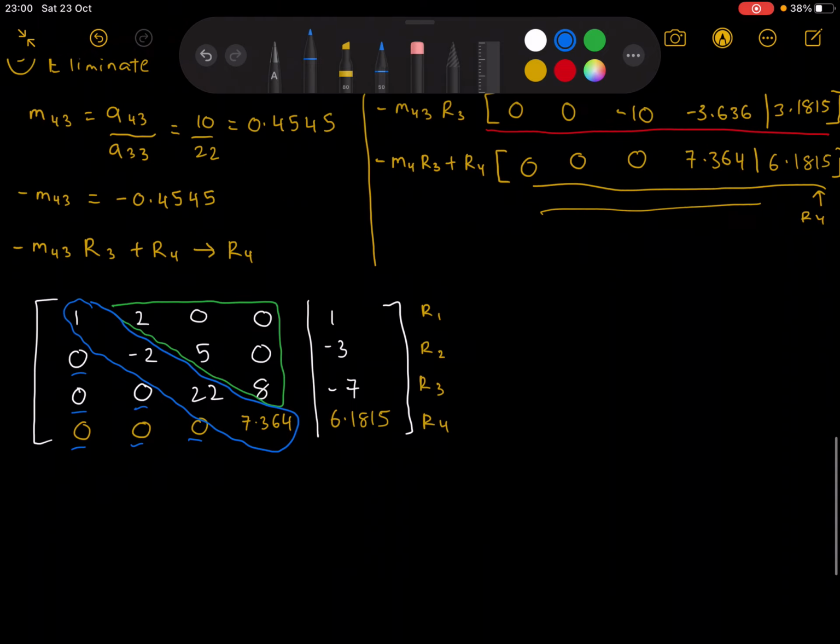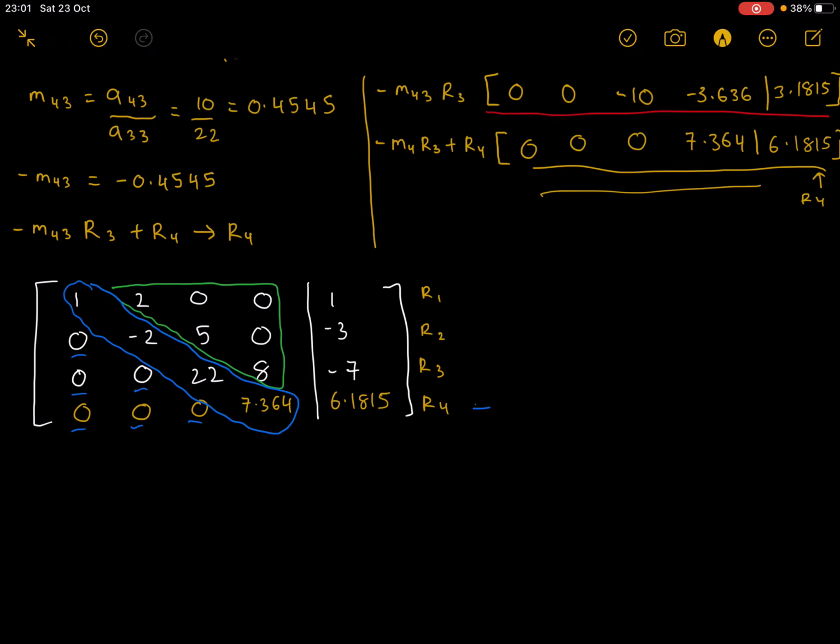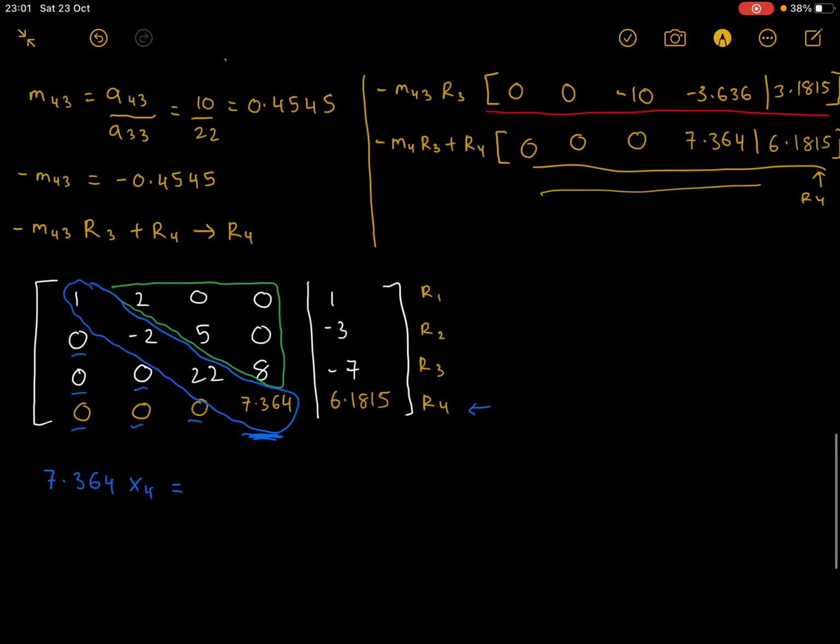Okay, so from here we can use backward substitution, because backward substitution means we're going to solve it from the bottom. So basically we know that 7.364 x4, because this value is on x4, is equal to 6.1815.